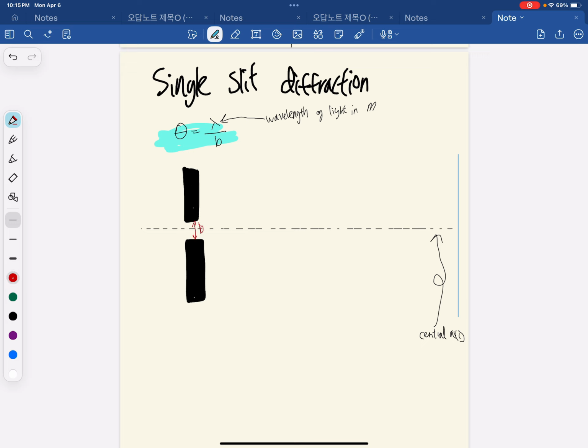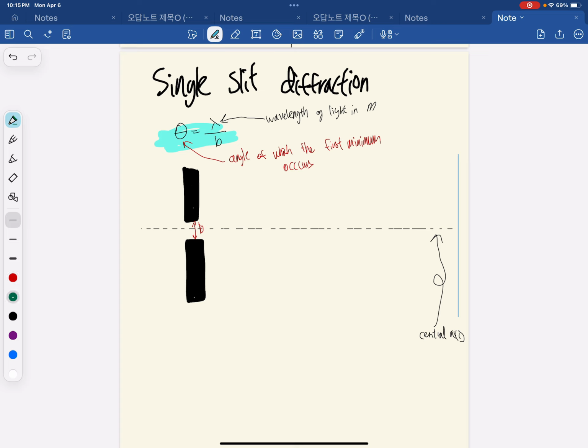And what's important is that theta is the angle at which the first minimum occurs. Now this sounds really wordy, but it's very important that you understand what I mean by this.